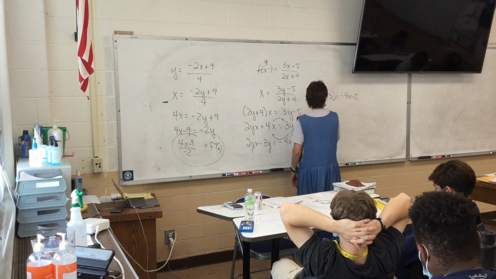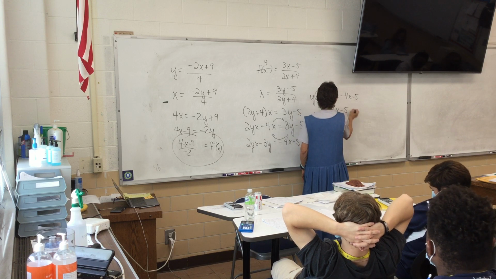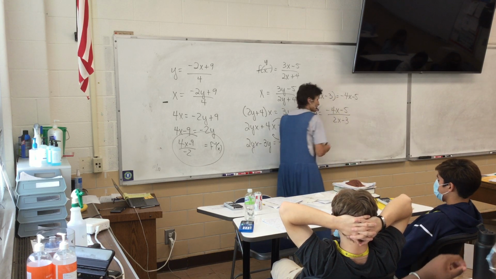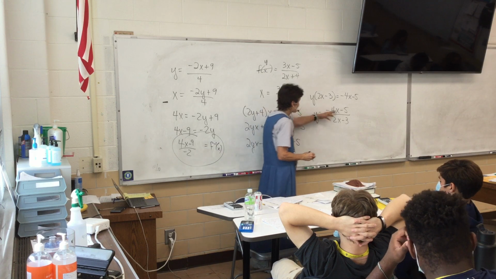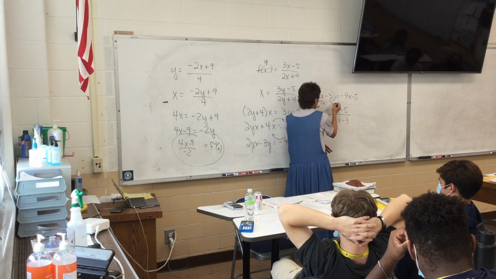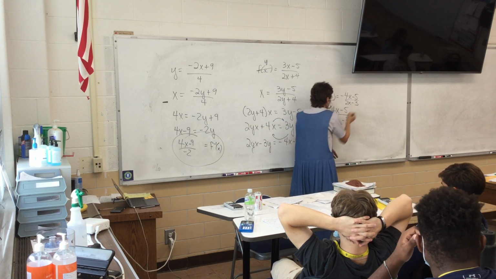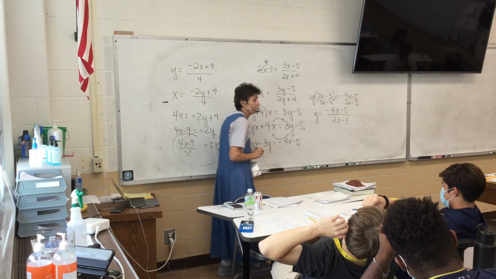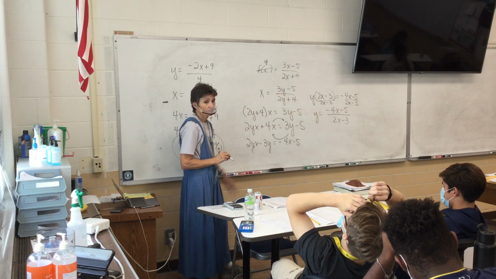So y equals negative 4x minus 5 over 2x minus 3. Some of you mess up this order. I would recommend you actually write down what you're dividing by to make sure that you have it set up correctly.